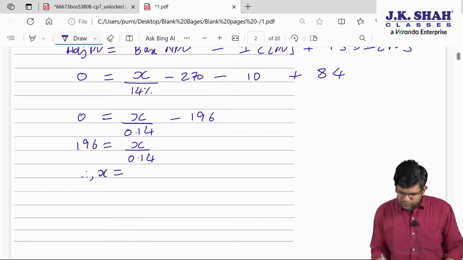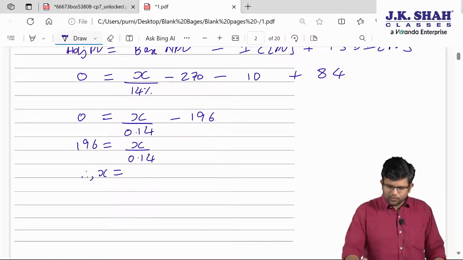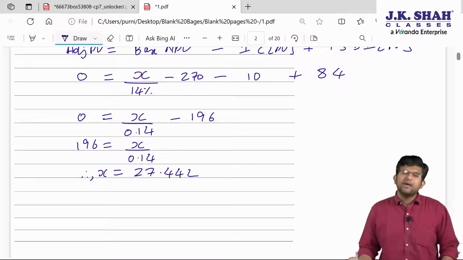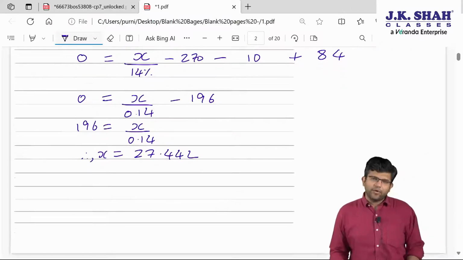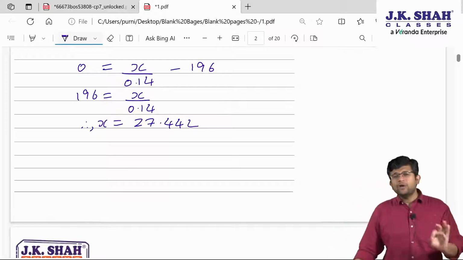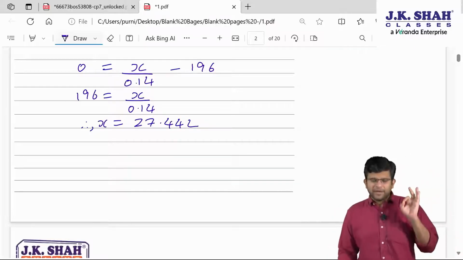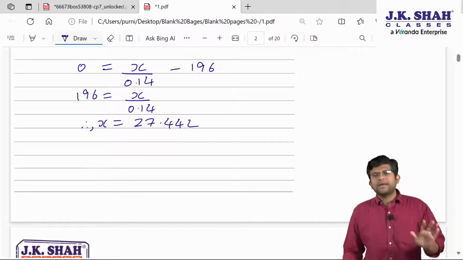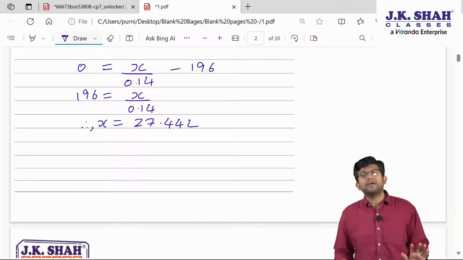Therefore x comes to 196 into 0.14, which is equal to 27.44 lakhs. Now what is the meaning of 27.44 lakh? It means that if your annual cash flows are 27.44 lakh instead of 42 lakh, can I say your adjusted present value will become 0.